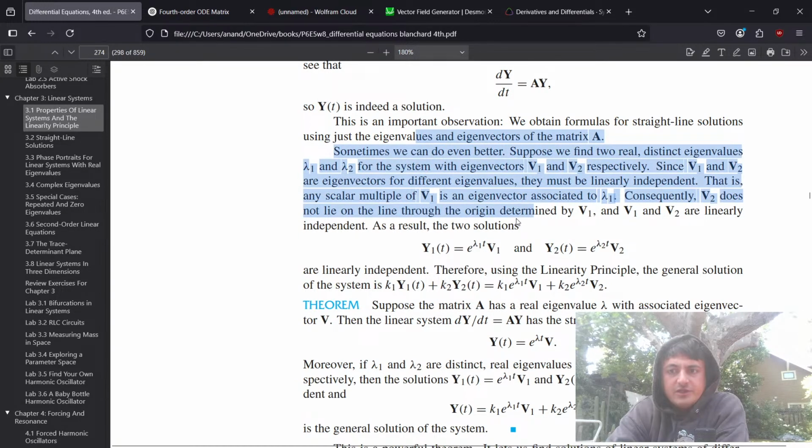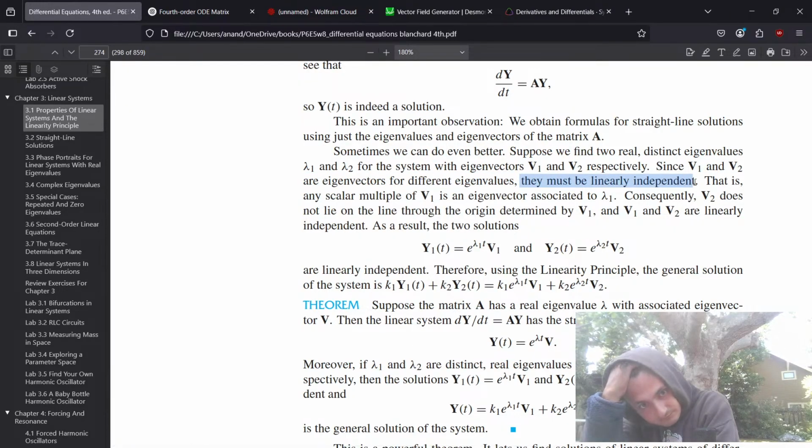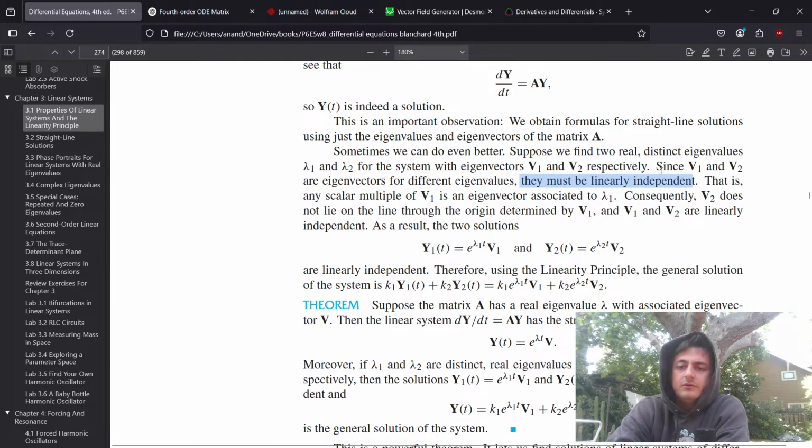Suppose we find two real distinct eigenvalues, lambda 1 and lambda 2, for the system with eigenvectors v1 and v2 respectively. Since v1 and v2 are eigenvectors for different eigenvalues, they must be linearly independent. Wait. This line, I don't quite see.